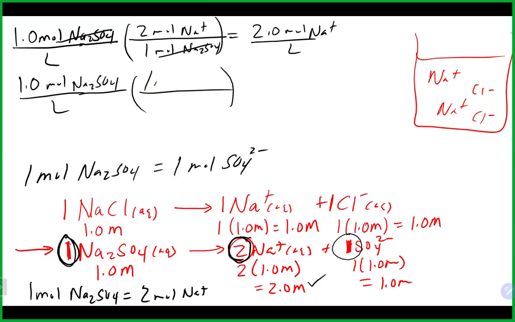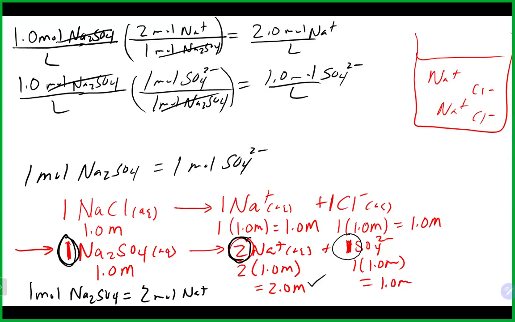And again, using that as a conversion factor, 1 mole of the whole thing. Moles of the whole thing cancel, leaves me with 1 mole per liter of sulfate. That is the longer version of just multiply by the coefficient, and that will come out the same.